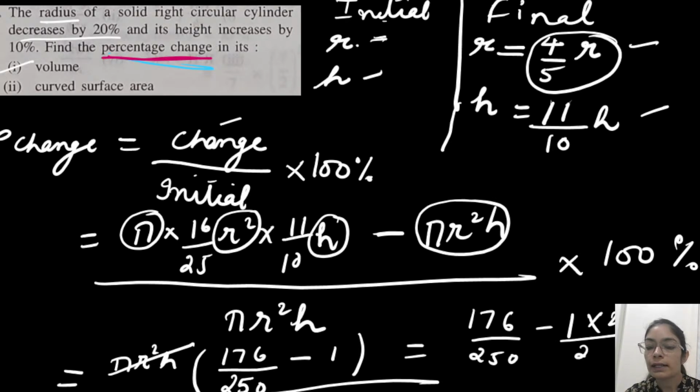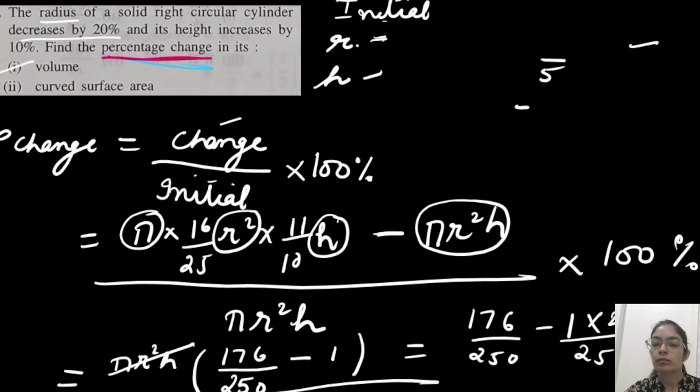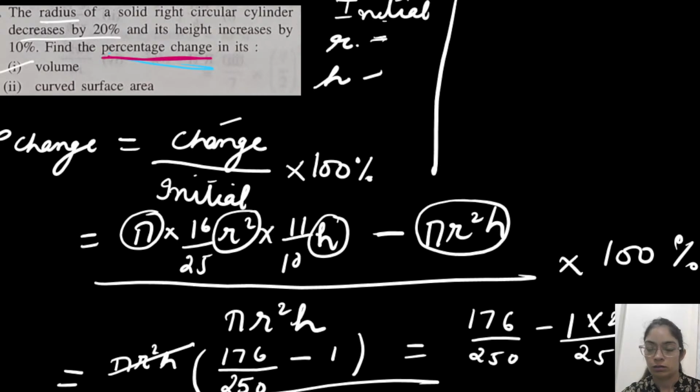So here denominator is 250. So 250 minus 176 we can do.